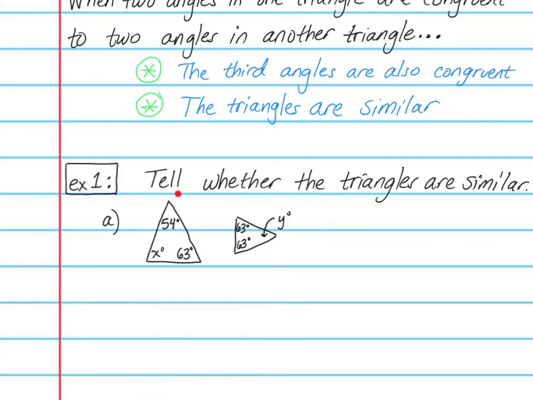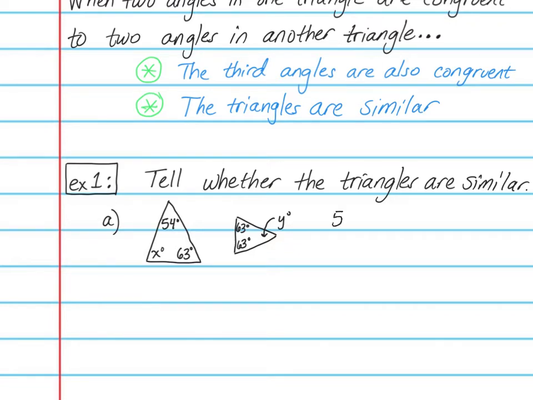In this example, we need to tell whether the triangles are similar, and we're given two triangles here. My first step is to find out what x and y are. Let's focus on the first one and find out what x is. Remember that from section 3.2, we learned that the angles in a triangle add up to 180 degrees. So I'm going to use that to find x.